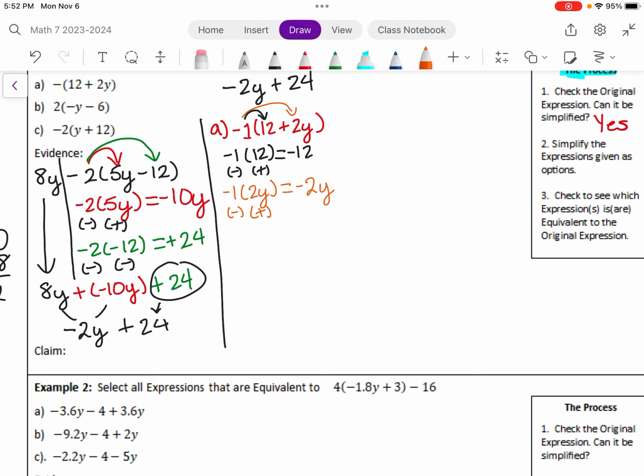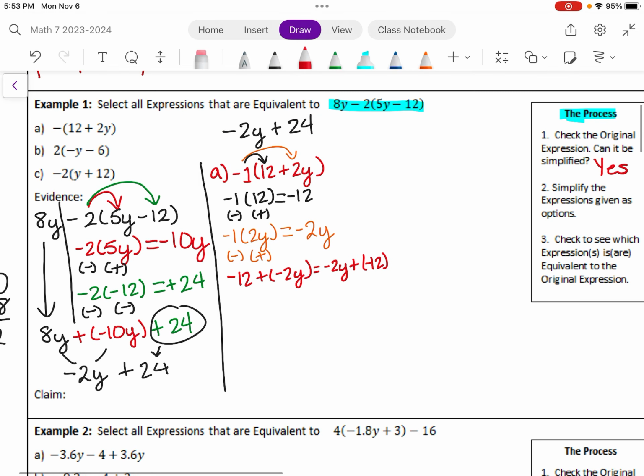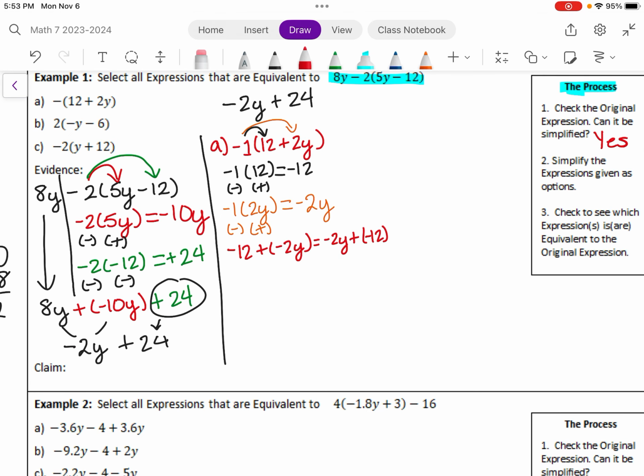So in this case, my final expression for this is going to be negative 12 plus negative 2y. Or in other words, negative 2y plus negative 12. Neither one of those is the same as my original. Okay, let's keep that in mind.